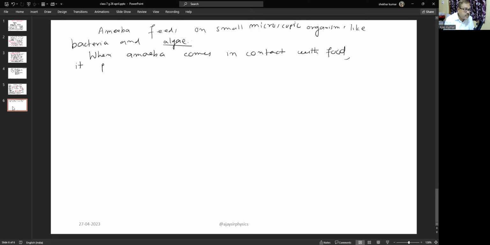It produces pseudopodia around the food particles.